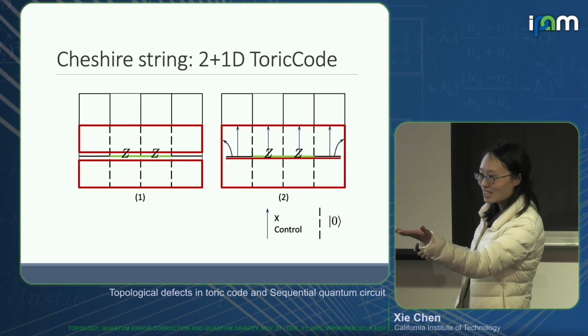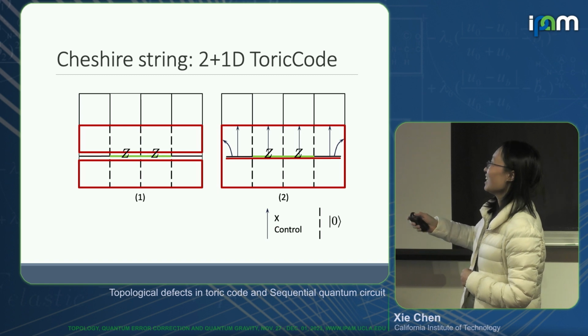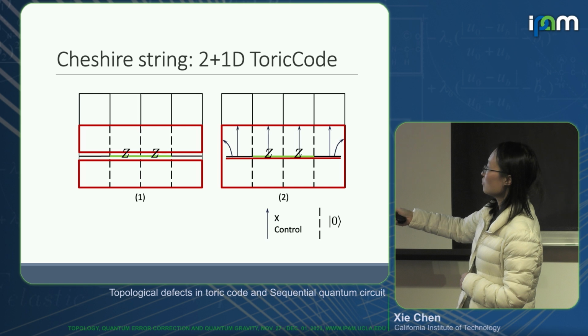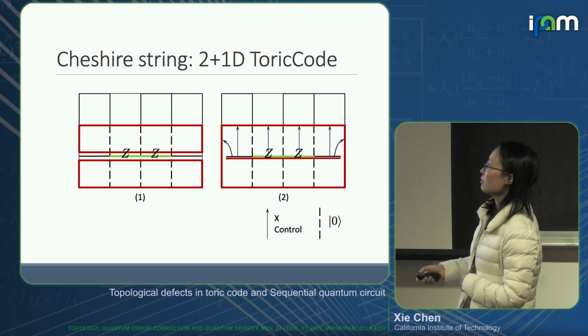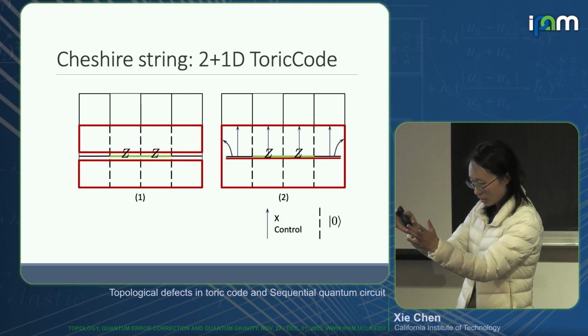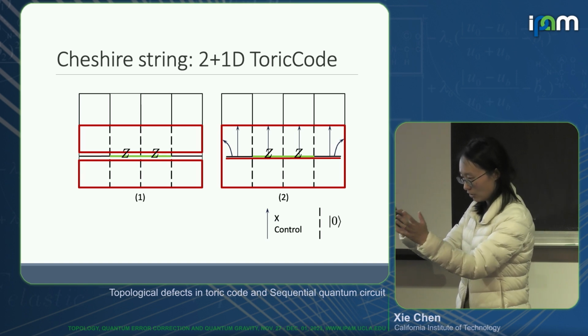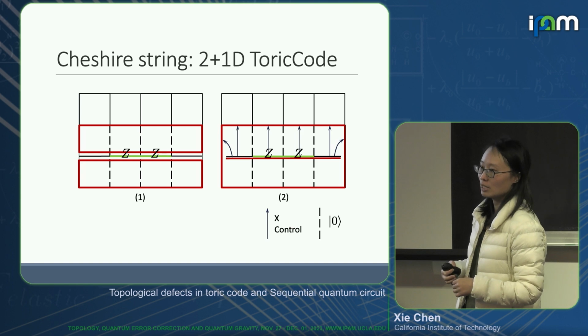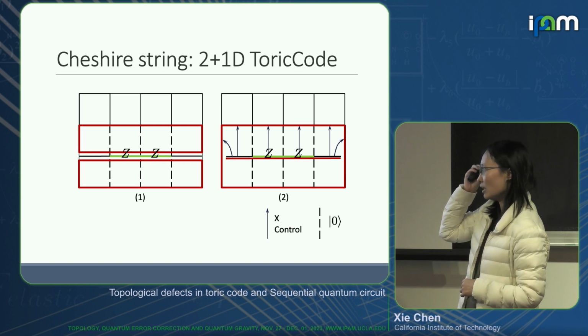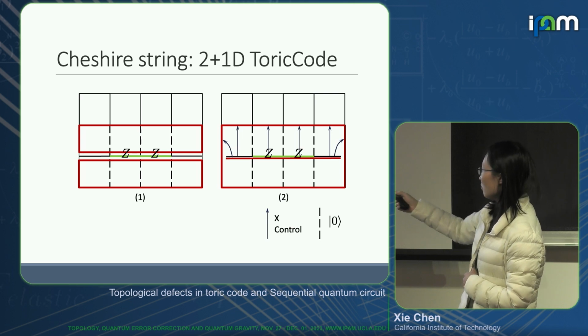Okay, and then we can talk about fusion. So here, if we have two Cheshire strings and we want to fuse them, fusion means that you put two things together and they should look effectively like a third thing. So that's an equivalence relation. So we expect fusion to also be realized by a finite depth circuit. And that's indeed what we found.